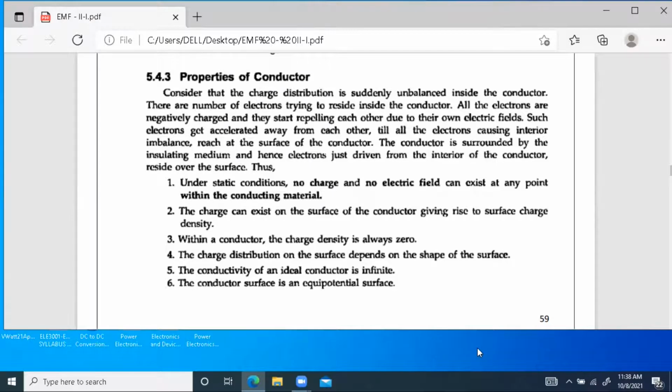Because what we have been doing so far in everything is that we are looking at the behavior of the electric field as it is just there.